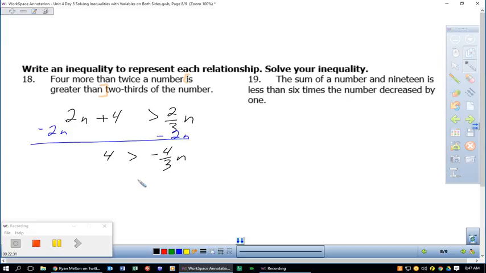No. What's in front of our n? The n has a negative 4/3 there, so we're going to divide or multiply by negative 3/4. Be very, very careful right here because we're multiplying by a negative, so we're going to flip it. That is going to be negative 3 is less than n.